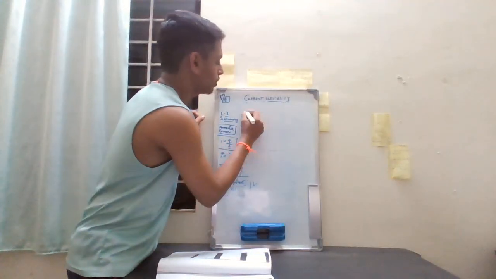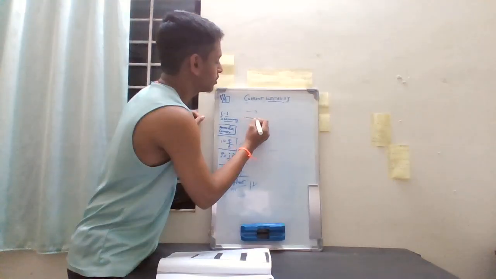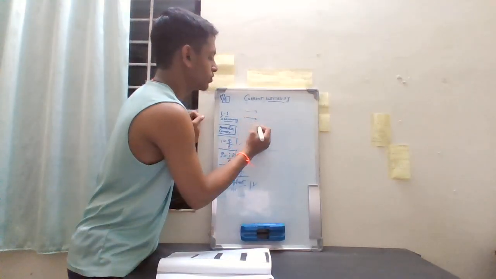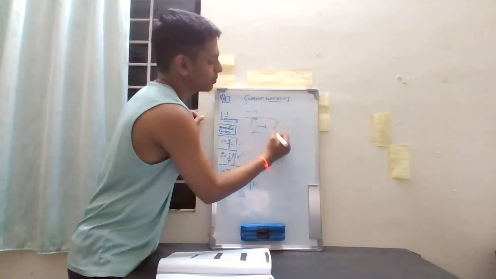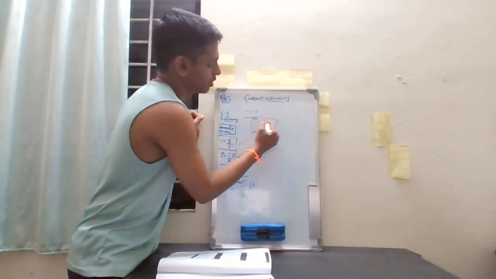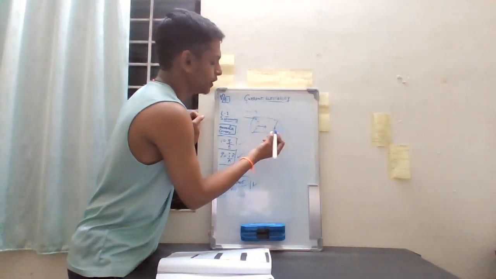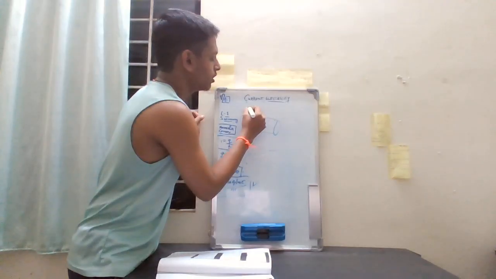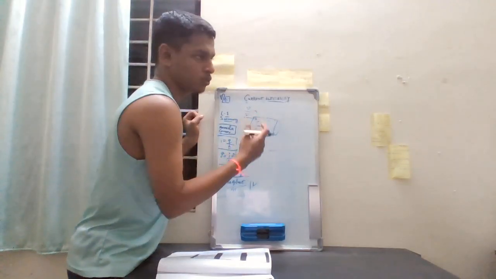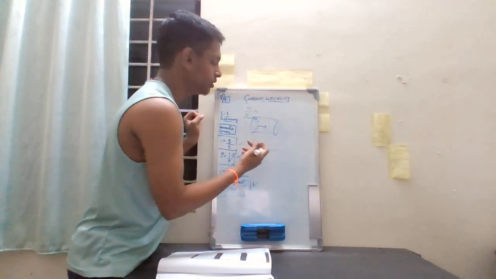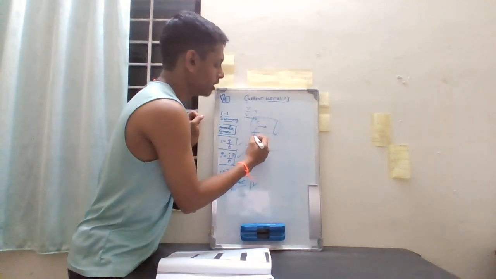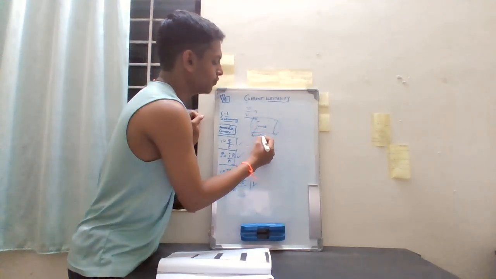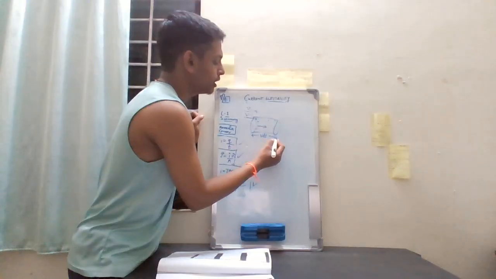If we take some random electrons from here and there in a conductor and put them in an imaginary cylinder, all of them have a random velocity v. In some time dt, they travel v into dt.